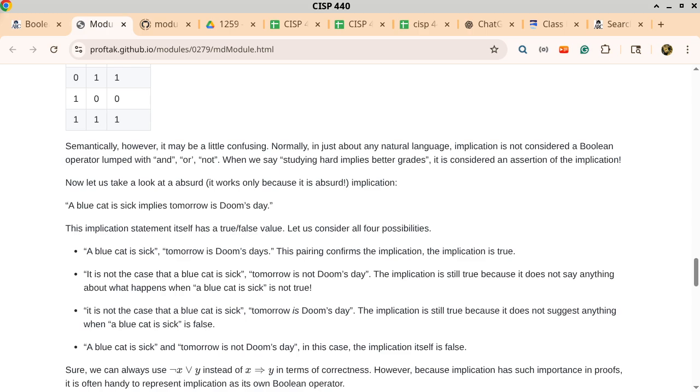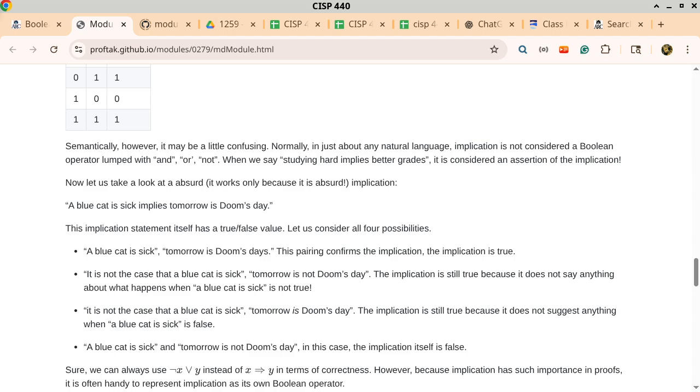You cannot get your money back because this statement never says anything about what if a blue cat is not sick. It only tells you what should happen when a blue cat is sick. It doesn't say anything about what if a blue cat is not sick. So that means if a blue cat is not sick, anything can happen tomorrow. You cannot get your money back.